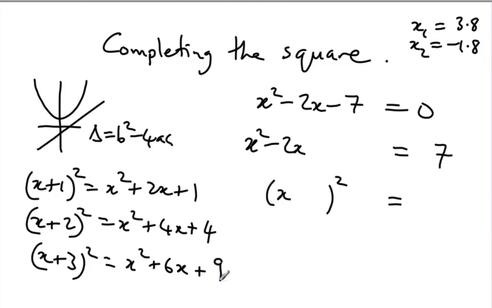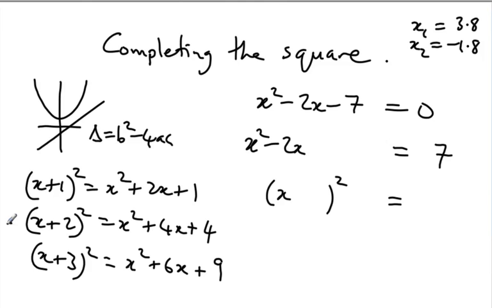You square the ends, and you effectively multiply the two together and double it. That's what goes in the middle. 2x doubled is 4x, 3x doubled is 6x.